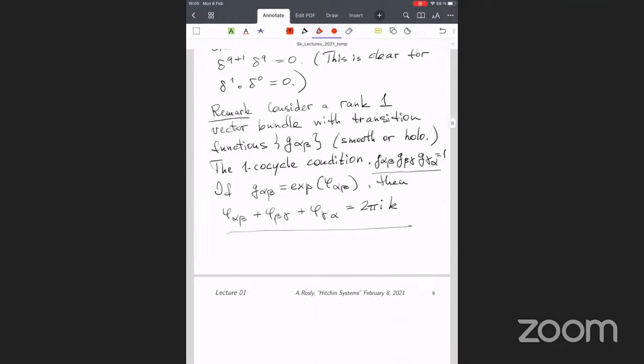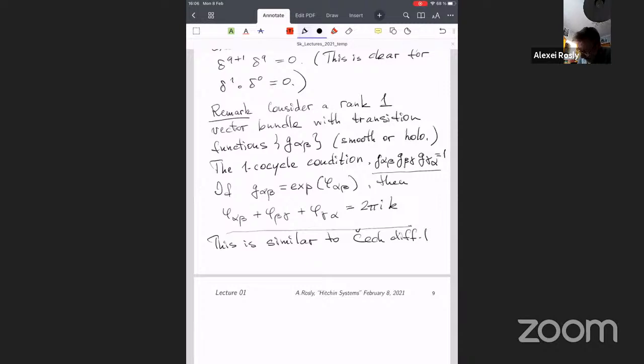Because let me write. This is similar to Czech differential if we take the trivial bundle, if E is a holomorphic bundle or smooth bundle.